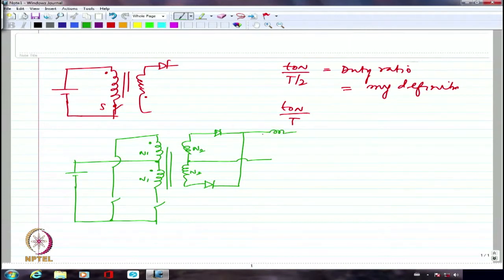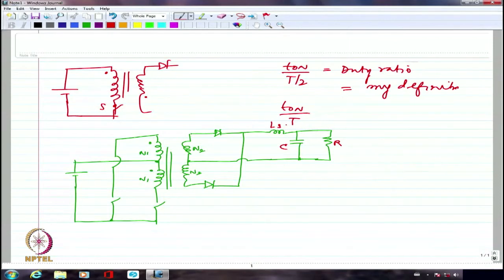A freewheeling diode is not necessary because these two diodes will be able to take the function of the freewheeling diode. I don't have to put any explicit freewheeling diode, and after which I'm going to have a capacitor and a resistance. Right? So this is the load and this is my Ls. That's what we took as the inductance, which is similar to the inductance in a buck converter.